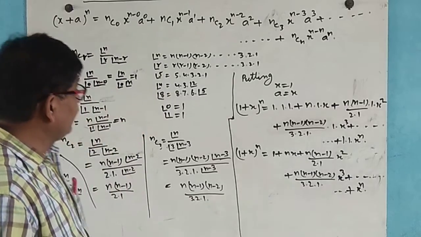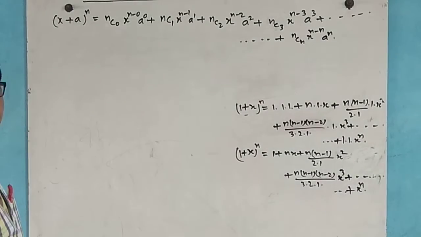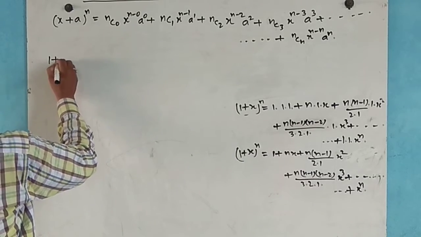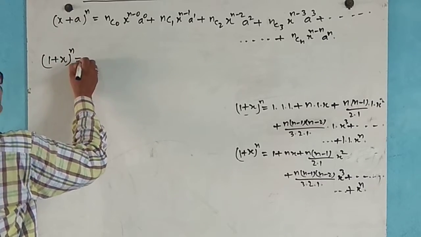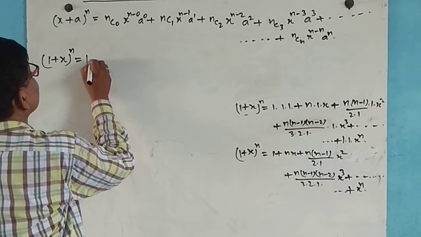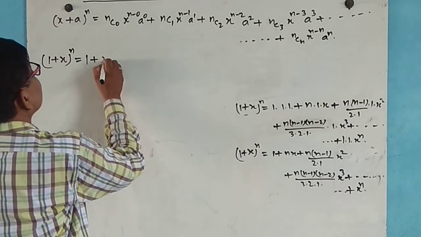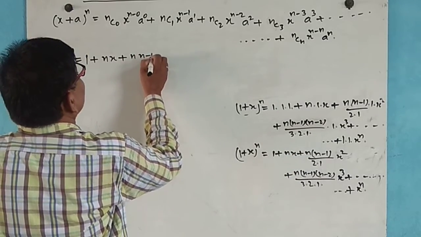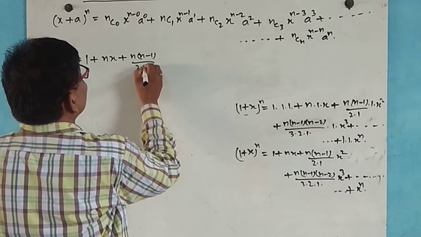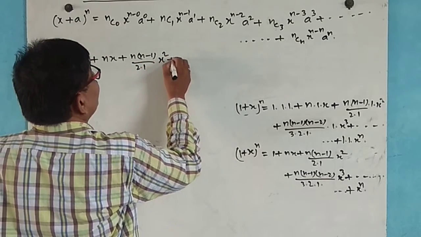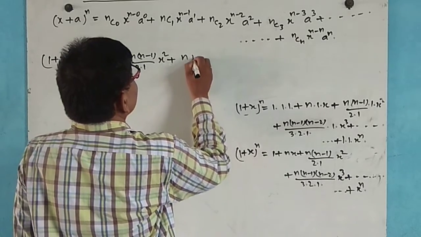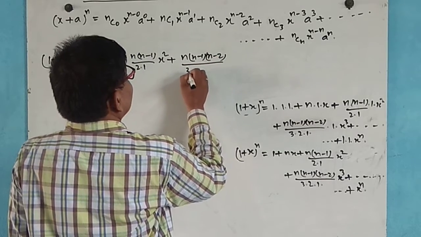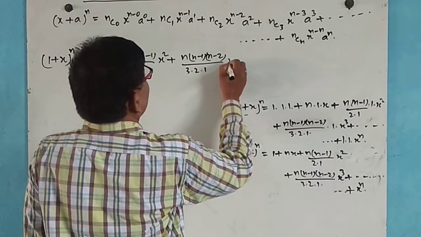Now this can be written as (1 plus x) to the power n equal to 1 plus n x plus n into n minus 1 divided by 2 into 1 x square plus n into n minus 1, n minus 2 divided by 3 into 2 into 1 x cube.